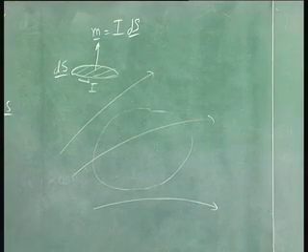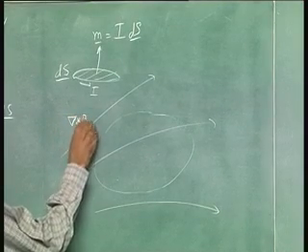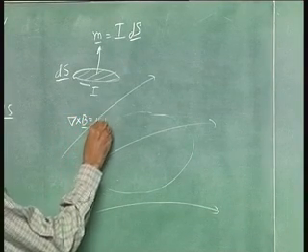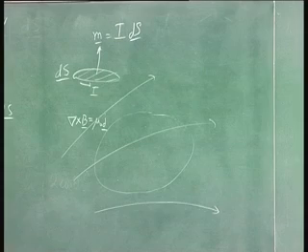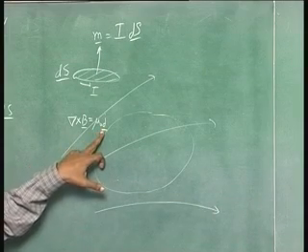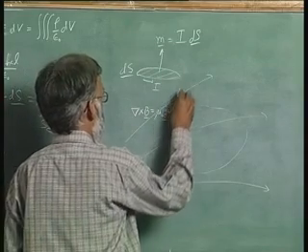Now, we know that curl of B is equal to mu naught J. This is true everywhere. There is only one problem, and that is this J is J total.